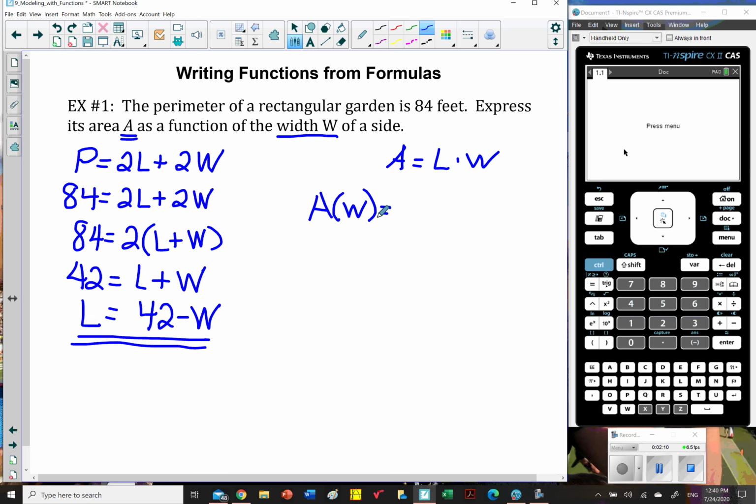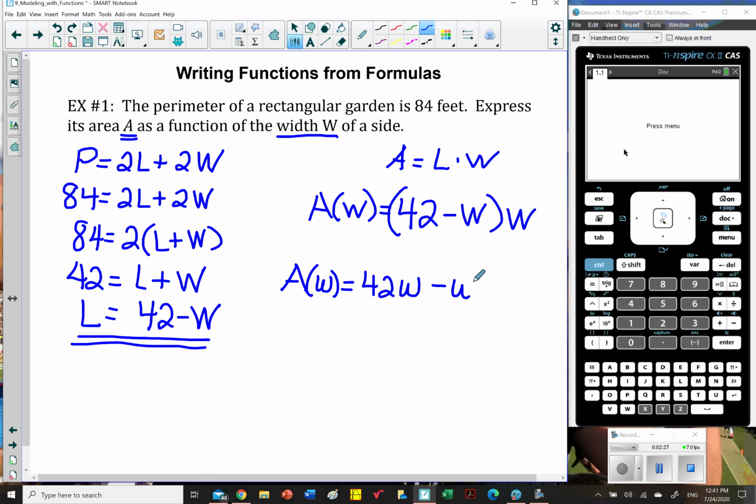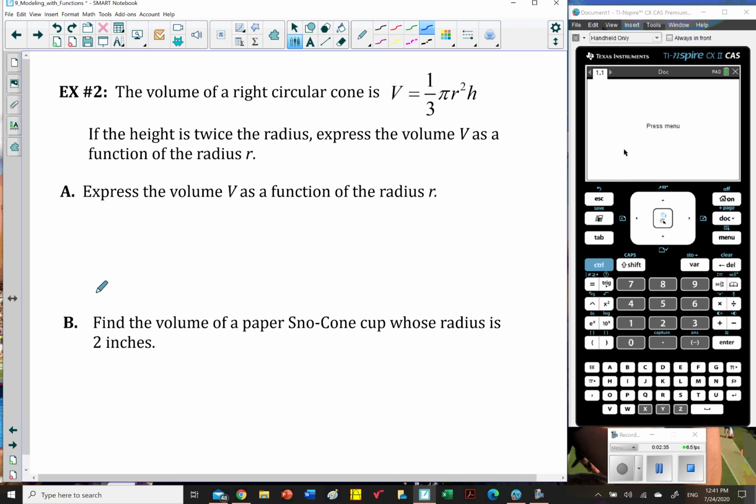Area is length times width, so we use 42 minus W, that's our length, times the width. So the area formula in terms of the width would be 42W minus W squared, using the distributive property. So that's pretty easy. Let's work on the next one.